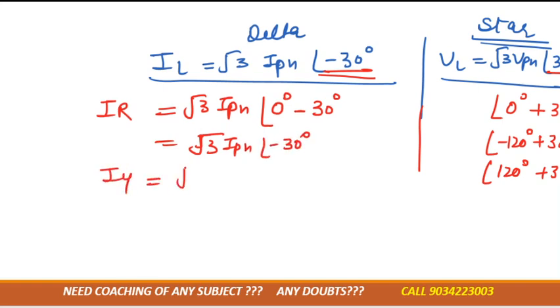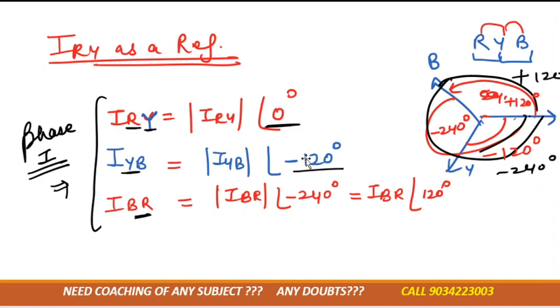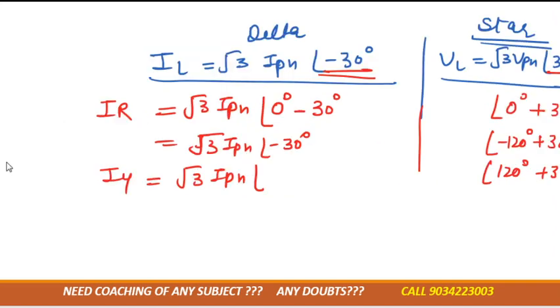For IY, root 3 IPH, the angle was minus 120 degree, so minus 120 degree minus 30 degree gives root 3 IPH with angle minus 150 degree.